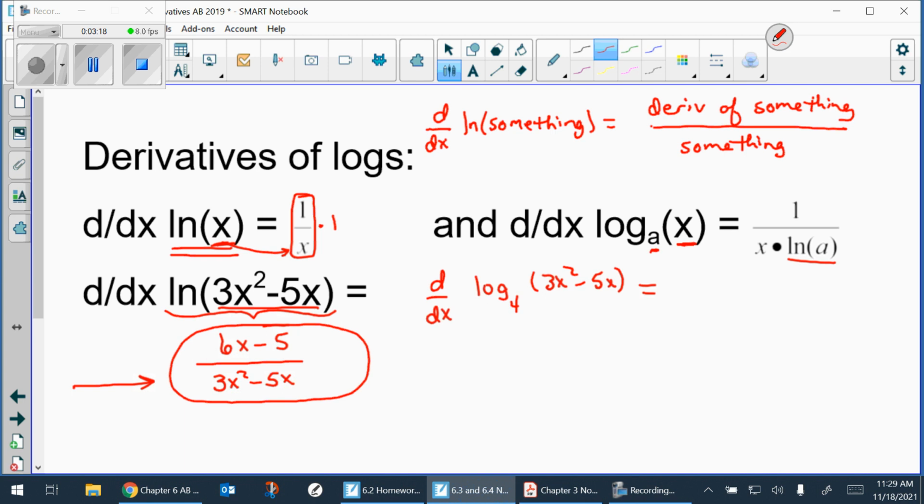Since this thing in parentheses isn't just a plain old x like it was up here, I'm going to take the derivative of the something and divide it by the something. But because the base is something other than e, what I've got to do is multiply the bottom by the natural log of that base.